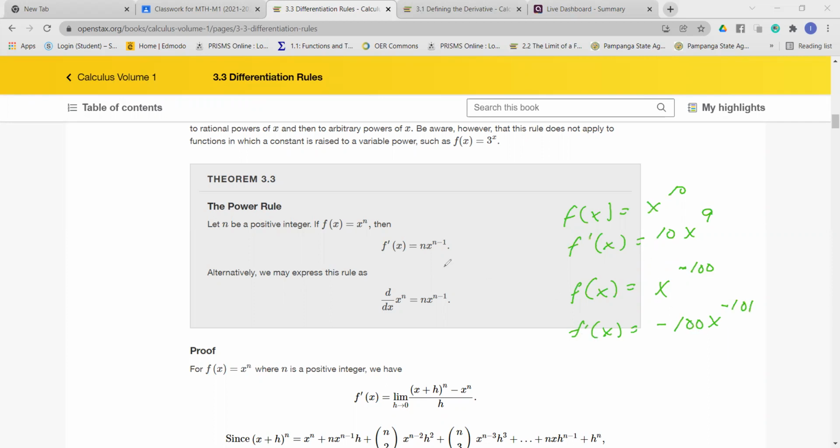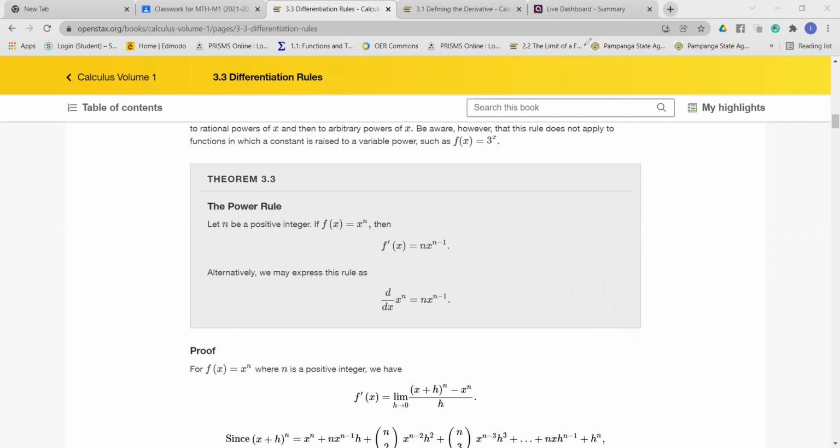If I have f of x equal to x raised to 1/2, ang f prime of x ko will be equal to 1/2 x, tapos 1/2 minus 1 is negative 1/2. So laging ganun siya, na meron kang power. So yung power mo, yung n doon, lilipat doon. Tapos, n minus 1 lagi yung sa power mo, new power. Okay, so this is what we call the power rule.